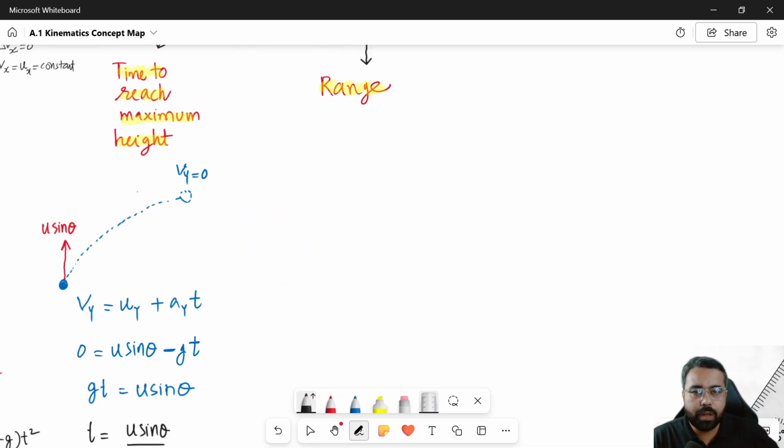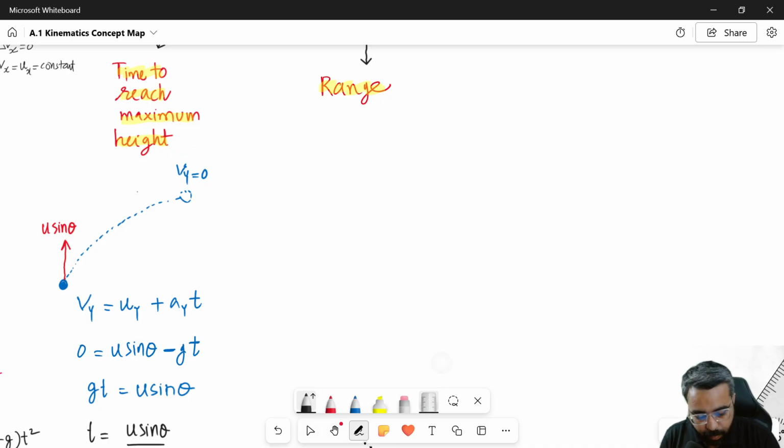Students, let's now find a formula that will help us find the range, the horizontal distance. If you throw the ball with more and more horizontal velocity, it will cover the same time, because time is proportional to the square root of height, but it will cover more horizontal distance.